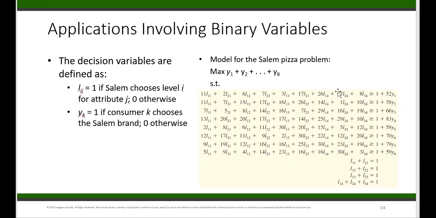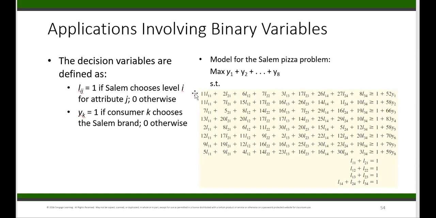So if our current product design is somehow not attractive enough, and the utility that the person gets on the left-hand side is less than 52, it's going to force y1 to be 0, meaning that the first person is not going to be interested in our product.